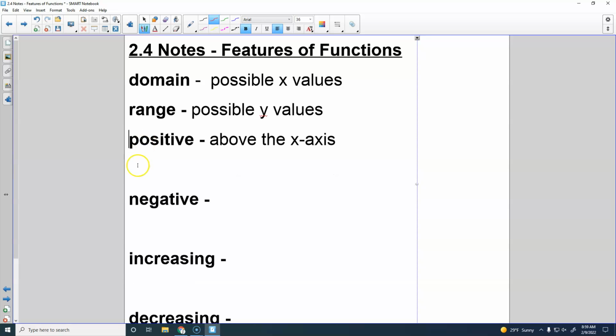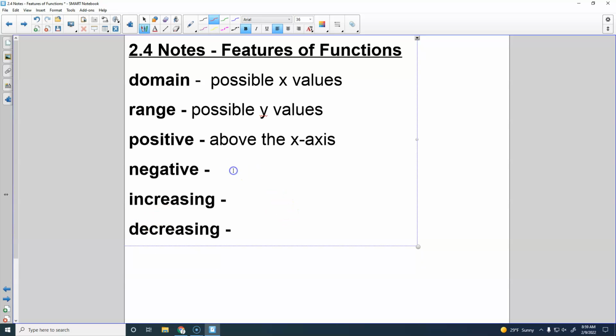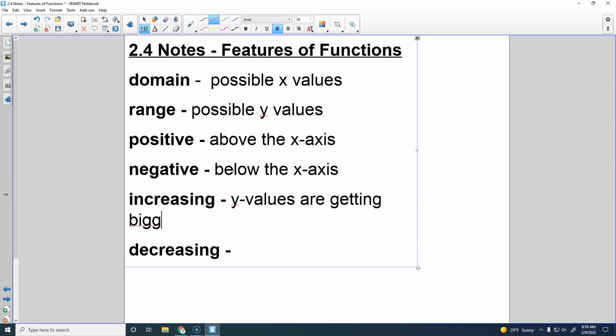And so negative is below the x-axis. And then increasing would be that our y values are getting bigger from left to right.